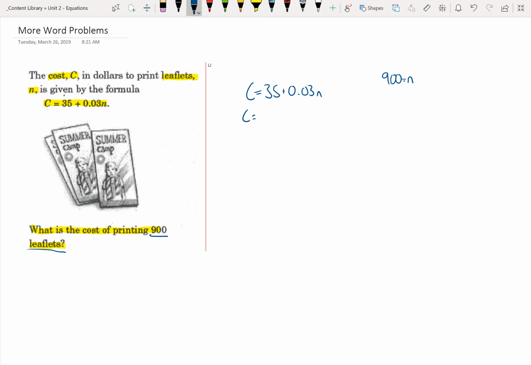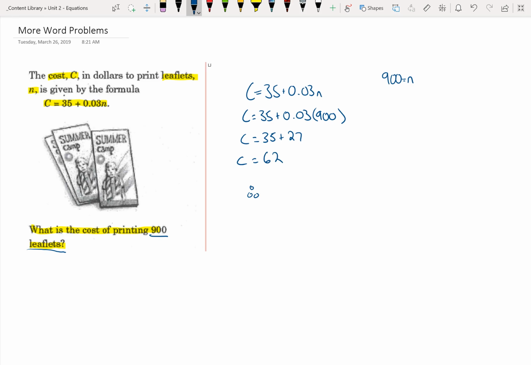So I'm going to take my equation, and instead of N, I'm going to put 900. So my equation is now C equals 35 plus 0.03 times 900. So I get 35 plus 27, and then C equals 62.